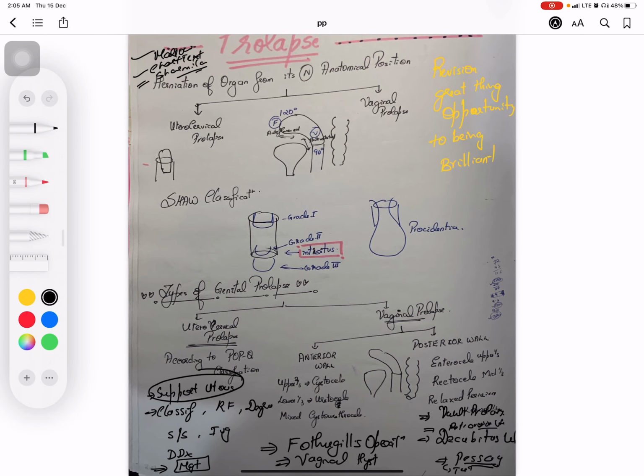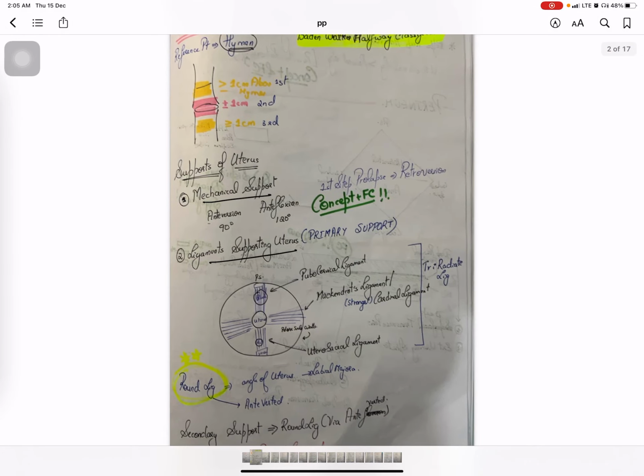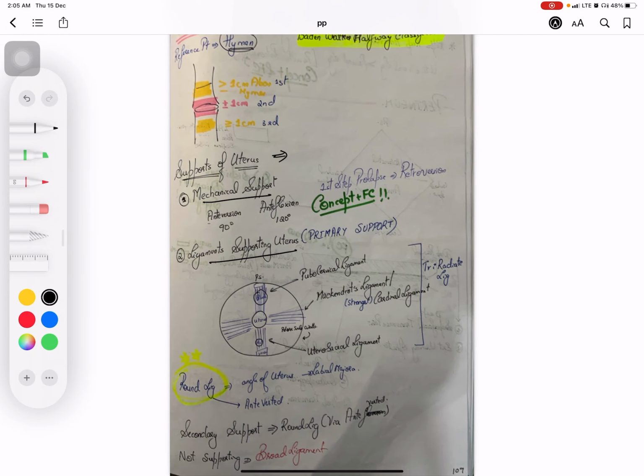So here supports of the uterus. So when we write supports of the uterus, four headings. We're going to have the mechanical support. This is going to be angles, and then we're going to talk about three other points, that is constriction, suspension, and flap wall effect. Second point we're going to talk about is going to be the ligaments which support it, very important.